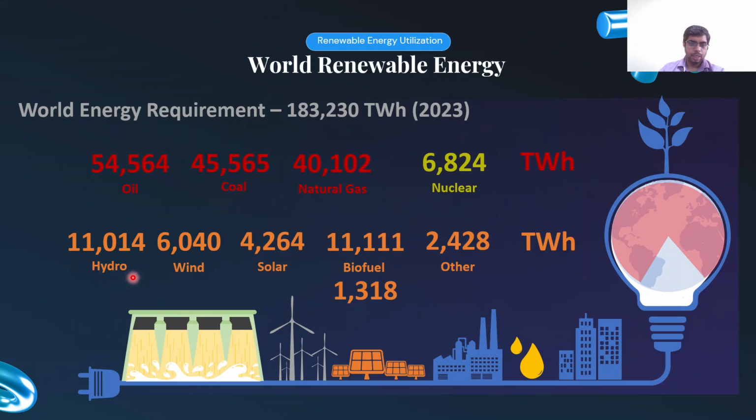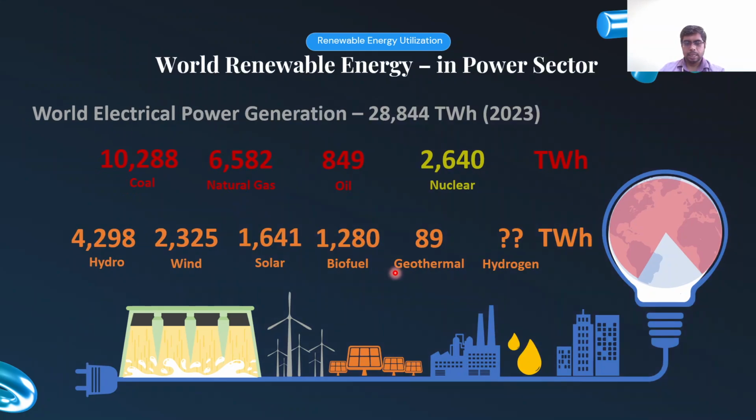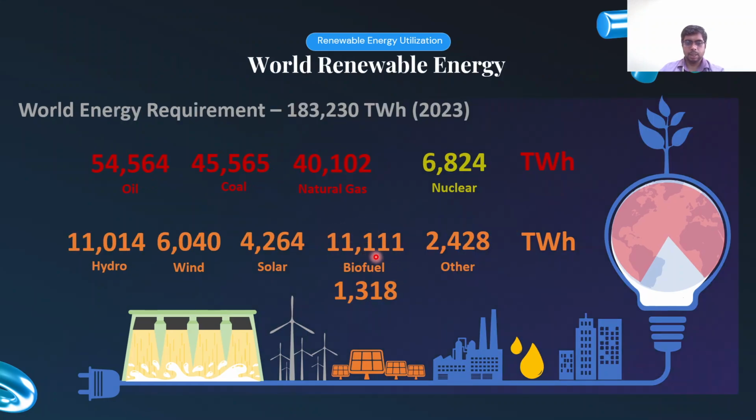You can see that around 11,000 terawatt hours is supplied by hydro, and wind energy supplies about 6,000 terawatt hours, solar about 4,200 terawatt hours, and biofuel, because it's for both heating and electricity generation, supplies about 11,000 terawatt hours. And then 2,500 terawatt hours is coming from other different renewable energy sources.